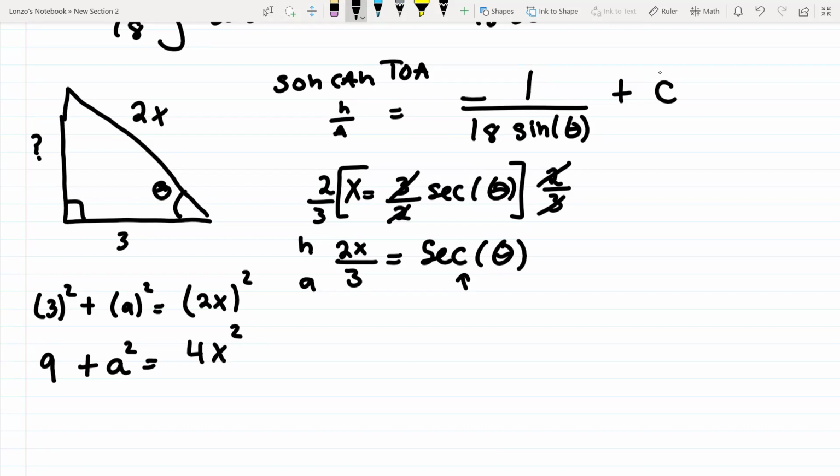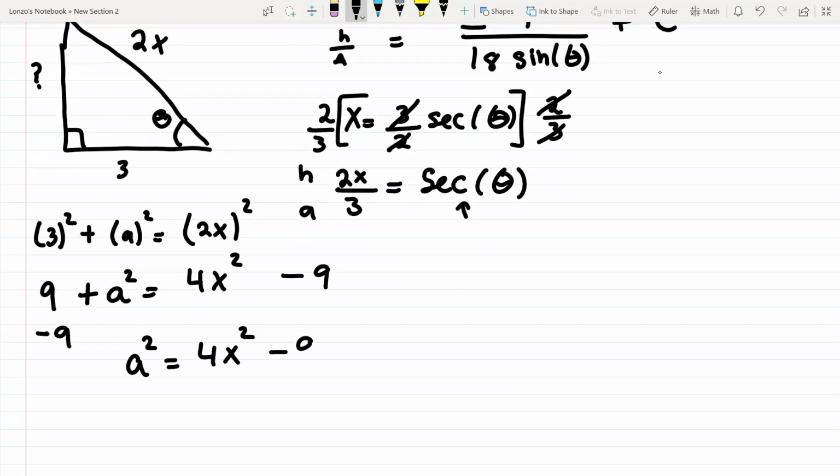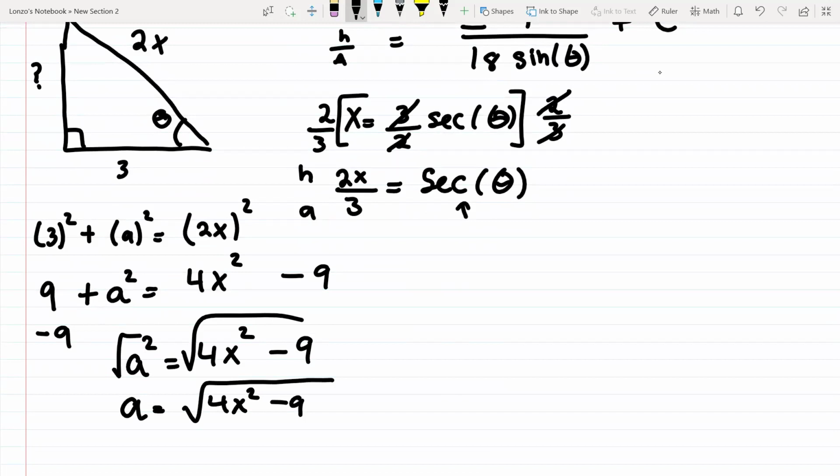Then solve for a. I'm going to subtract 9 from both sides, and then take the square root of both sides. So a is the square root of 4x squared minus 9.